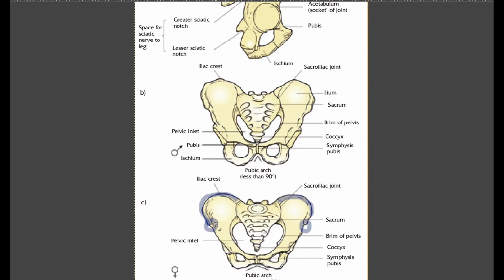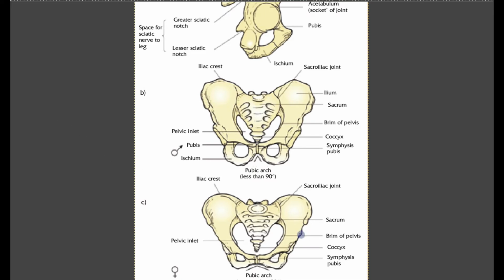The anterior superior iliac spine comes off of the iliac crest. Now, the second part here, the anterior inferior iliac spine, the AIIS. So anterior inferior and then anterior superior right here. So two spines of the ilium.